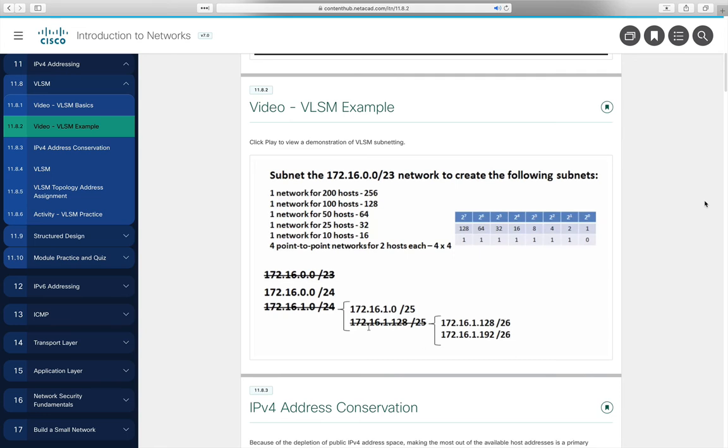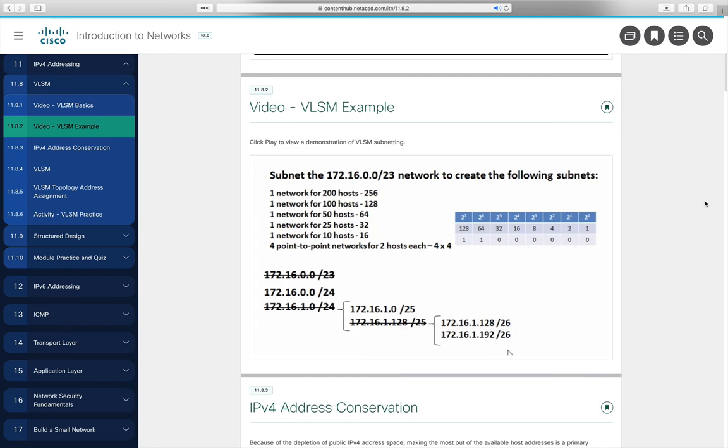So now there's no longer a 128 subnet, there's two subnets in its place, a 128 subnet and a 192 subnet. Both of these subnets have a /26 subnet mask. If I was to write this subnet mask in the binary conversion table here, we would see that in the fourth octet, /26 means that the last one in the subnet mask is in the 64's place, and the networks go up by 64.